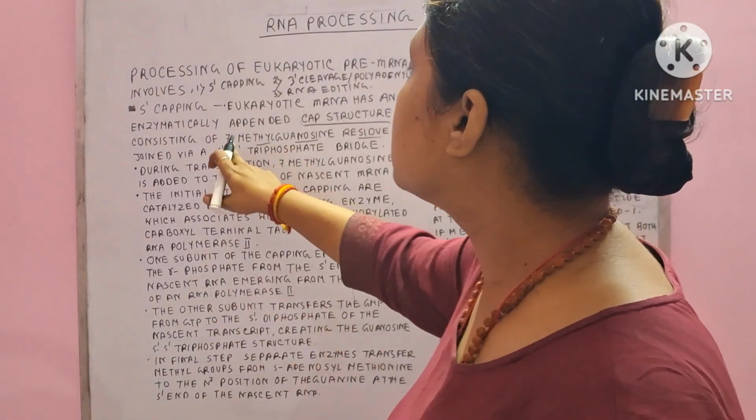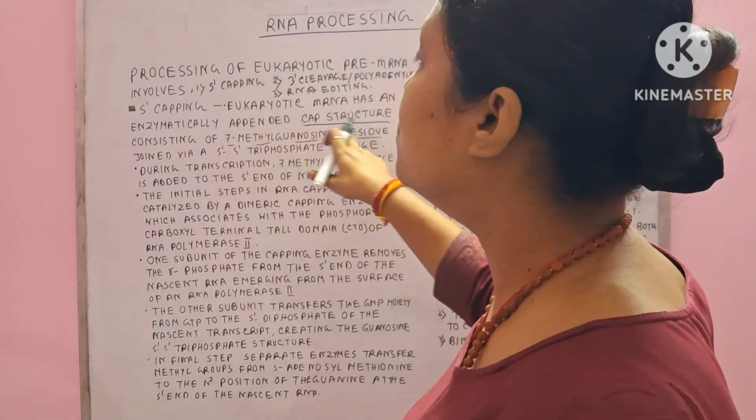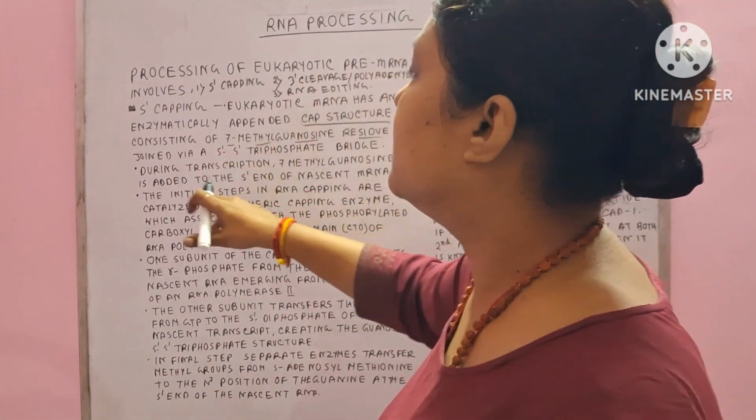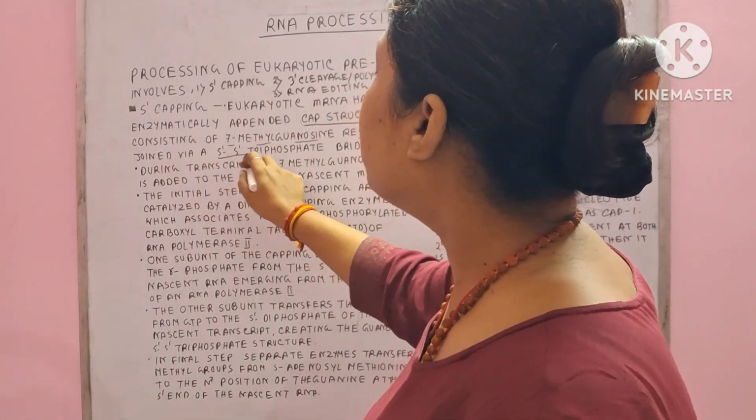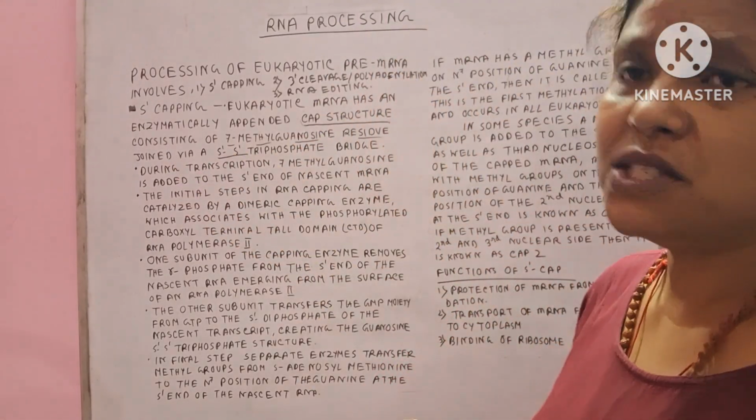Okay, so this 7-methylguanosine residue is joined to the mRNA by the 5' triphosphate bridge.